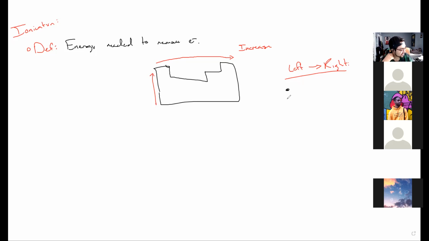But going back to shielding, they have more electrons towards the right. We have an increase in electrons. What else do you think contributes to the increase in ionization energy?